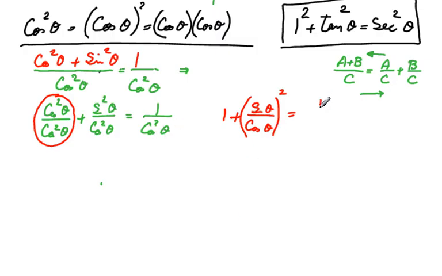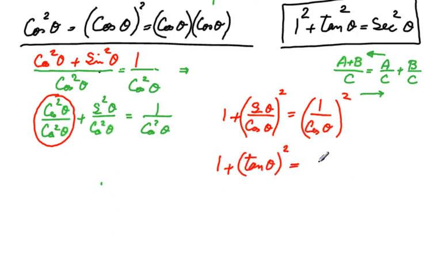And the right hand side is 1 over cosine, and then squared. Now, if you remember from the beginning of the semester, sine over cosine was tangent. So I have tangent squared. 1 over cosine, these are reciprocal identities. What is 1 over cosine? Secant.